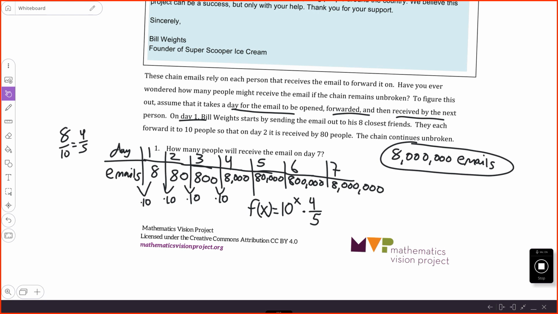Plug in 7. 10 to the power 7 times 4 divided by 5 gets you to 8 million.